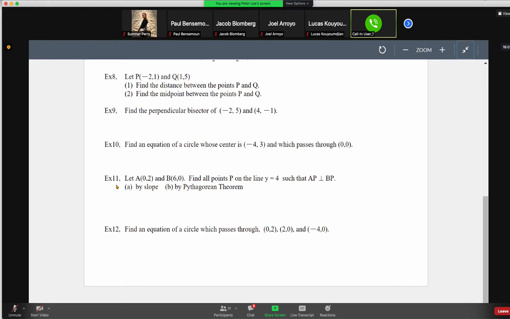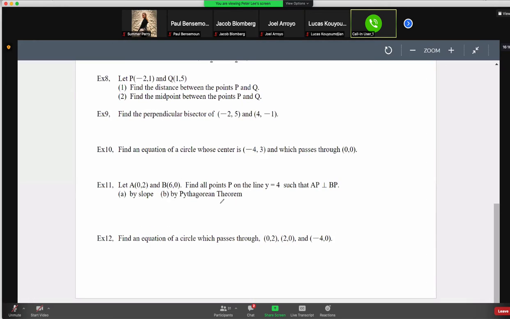Now, example 11, sometimes I call these locus problems. Locus problems are problems of this type. What is the problem here? Find all points such that, and then blah, blah, blah.